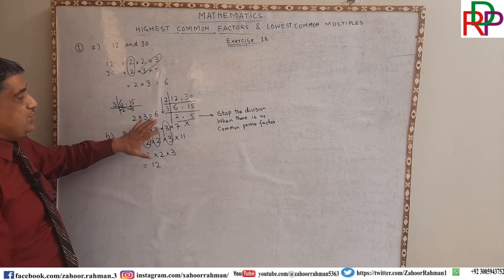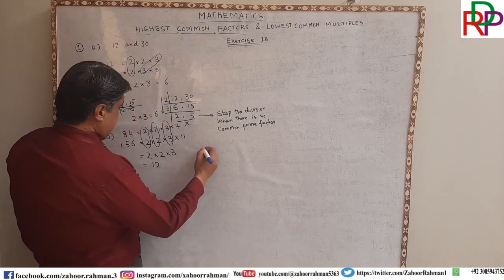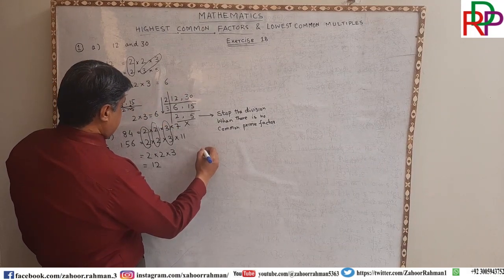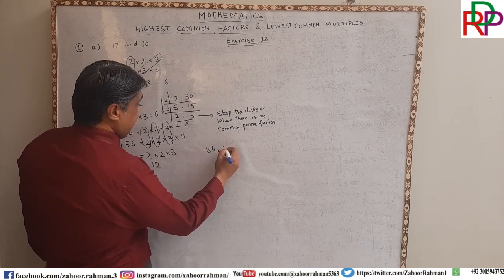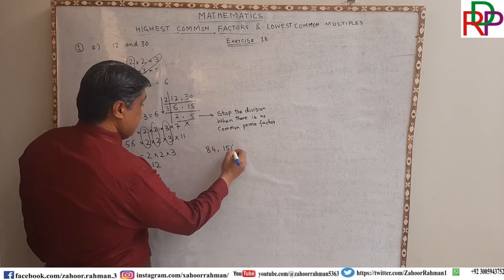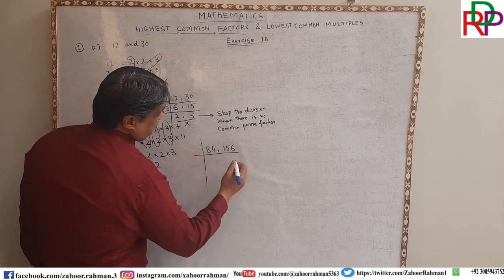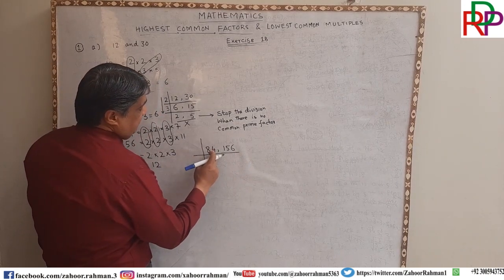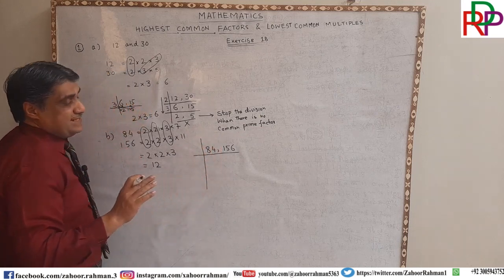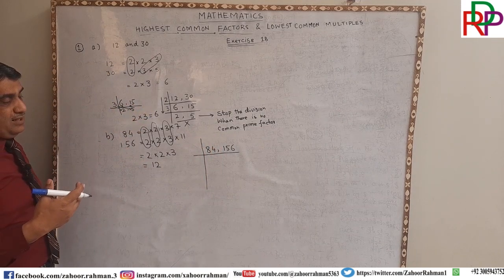Again you can do that by the division method. Let us do that. We are having 84 and 156. In the first lecture I told you that a number will be divisible by 2 if its last digit is 0 or an even number.